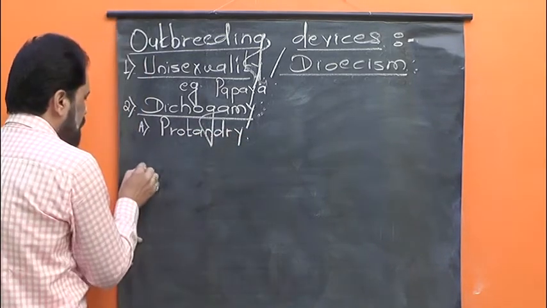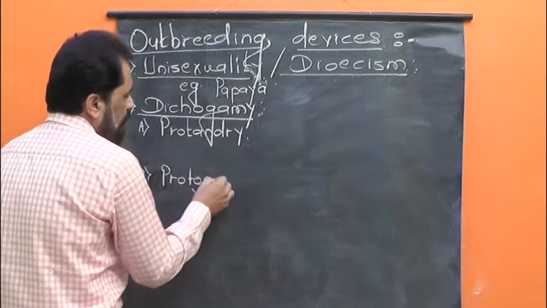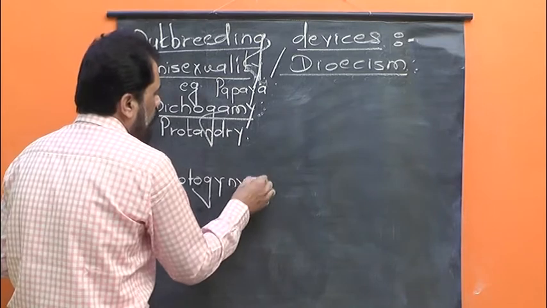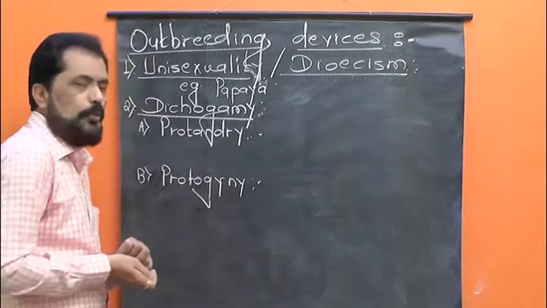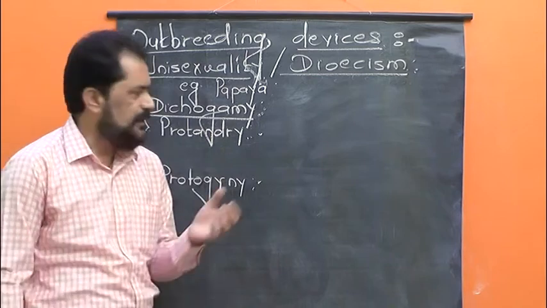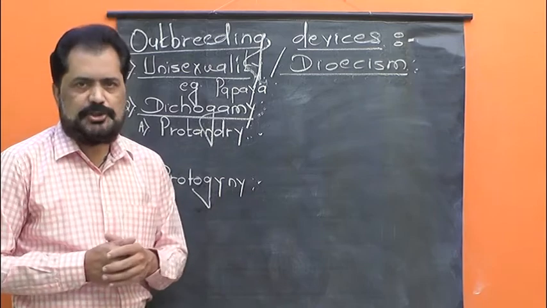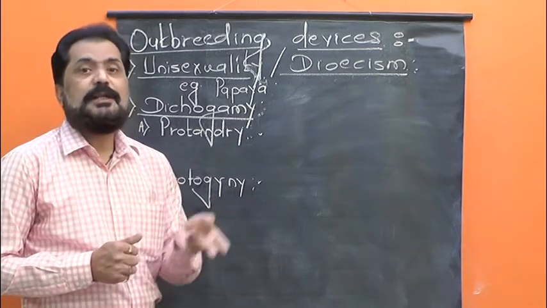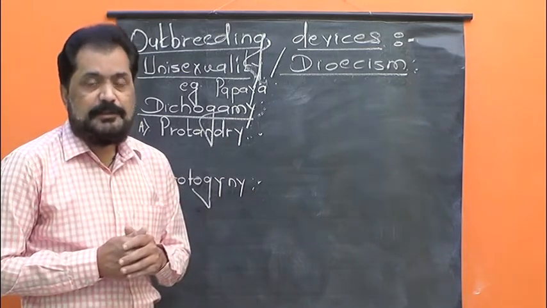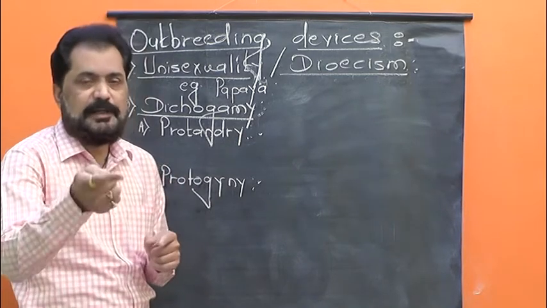and second Protogyny. Protandry and Protogyny. Protandry, pro stands for first, and here andry stands for androecium. It is the condition in which the flower is bisexual, but androecium matures first and gynoecium later.